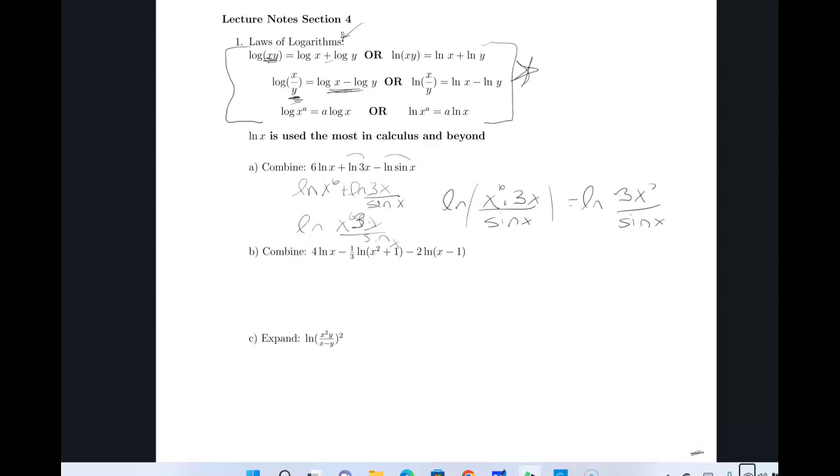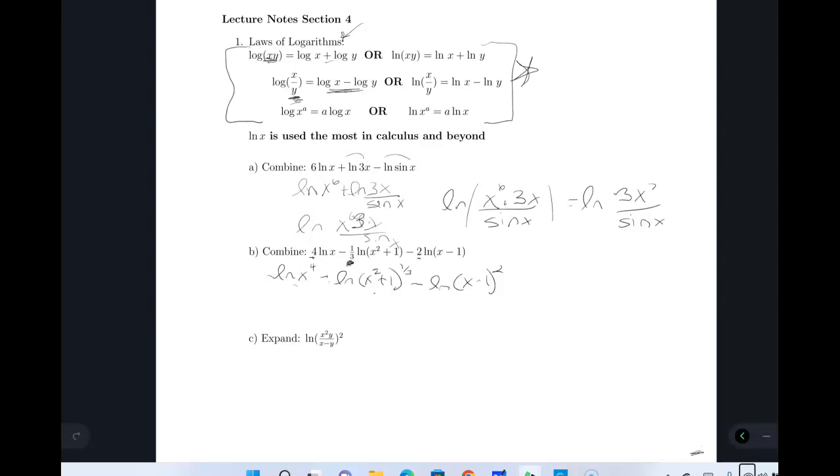All right, so let's try this next one. So notice I need to get rid of these numbers in the front before I can use the addition or subtraction in between them. So first step is to move all of these constants in front to the exponent. X squared plus 1 all to the 1/3, and then I'll just keep the subtraction sign there. Okay, so I'm just going to go kind of slow.